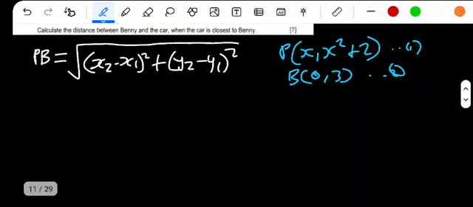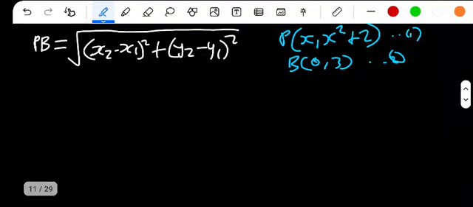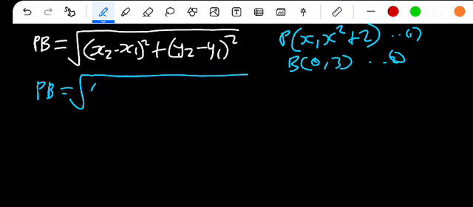All right, let us substitute. Now we have the points. We have PB equals the square root. Let us substitute x2, which is 0, so we have 0 minus x1, which is simply x.